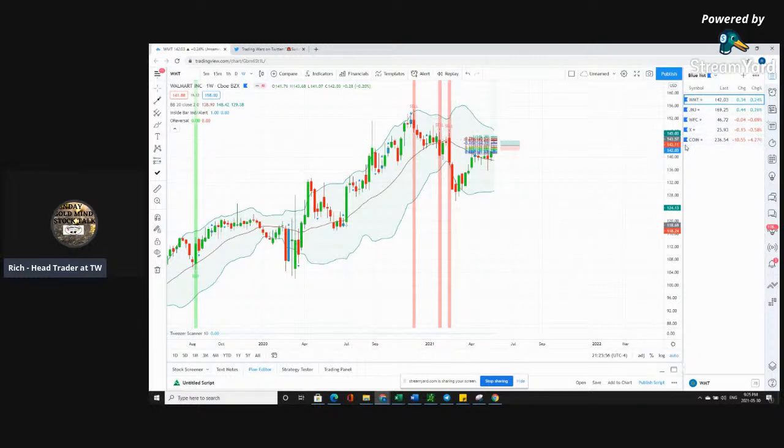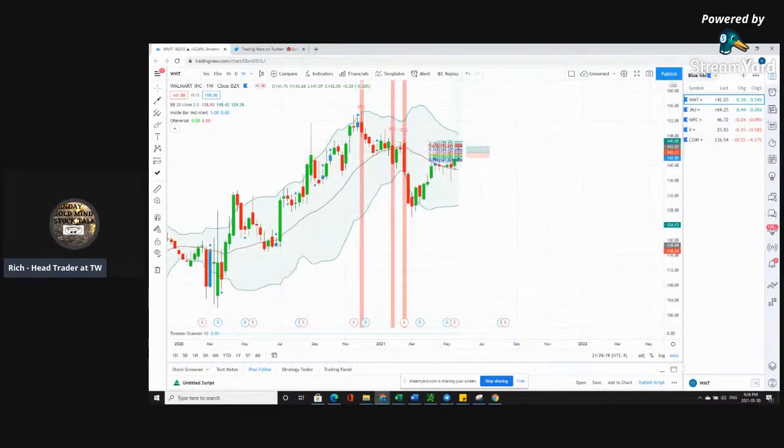These are all swing trades posted in the private room except for Coin. I'm not giving Coin in my private swing room because it's too risky right now. I'm not going to recommend that, but I'm still watching it for my personal purposes. But Walmart, Johnson & Johnson, Wells Fargo, and X are the ones we're going to be swinging in the private room. Those are weekly chart inside bar plays.